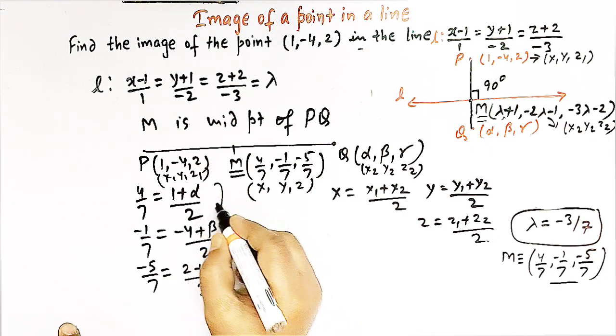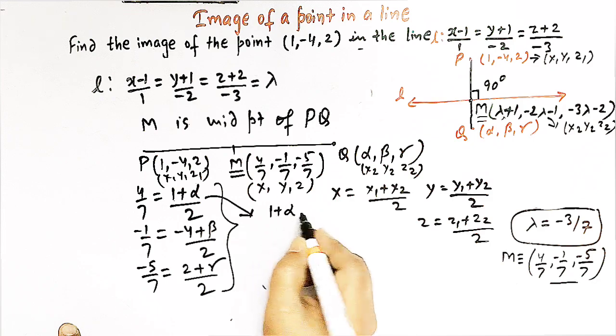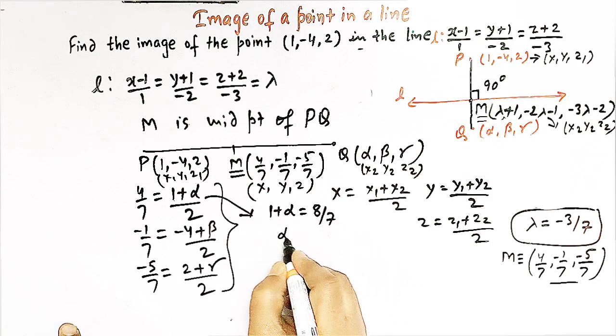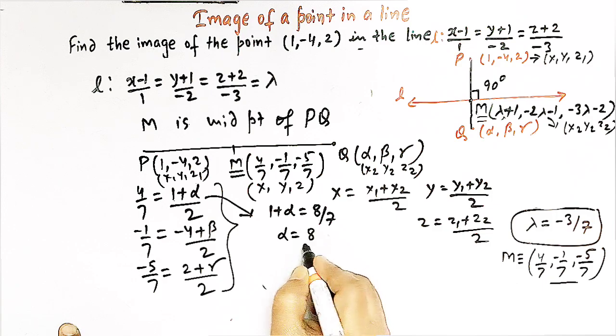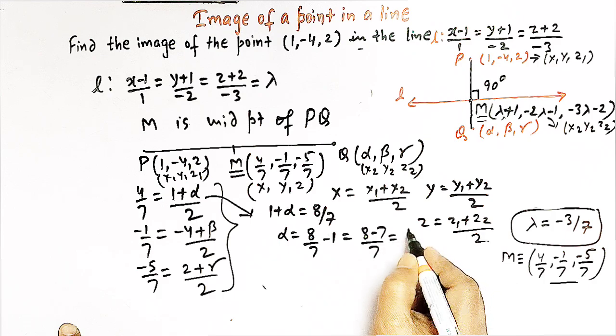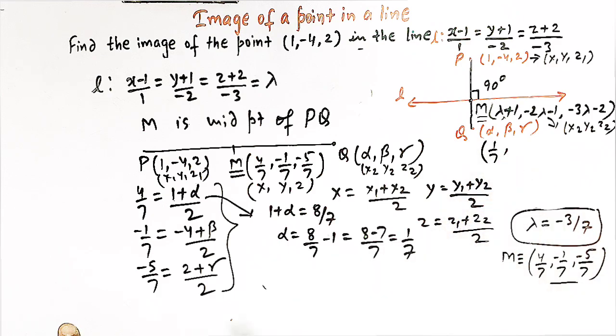So now from this equation, we have 1 plus alpha is equal to 8 over 7. So alpha is 8 over 7 minus 1, that is 8 minus 7 over 7, that is 1 over 7. So alpha is 1 over 7.